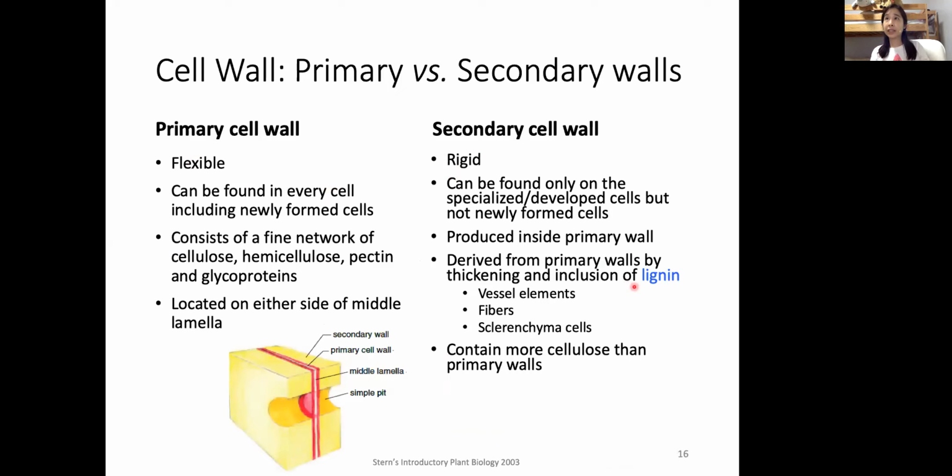By having the lignin in the secondary cell wall, you allow the secondary cell wall to be stained with the red dye. But the primary cell wall does not have lignin and it cannot be stained with the red dye.